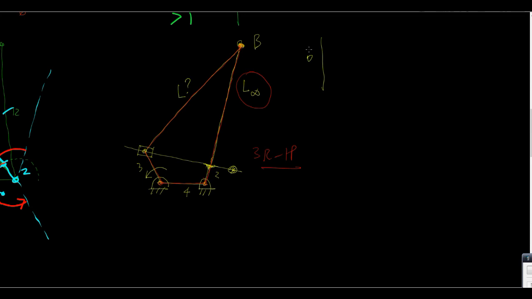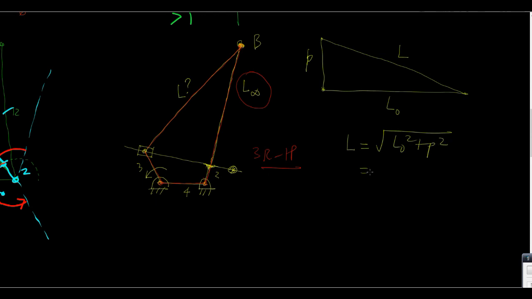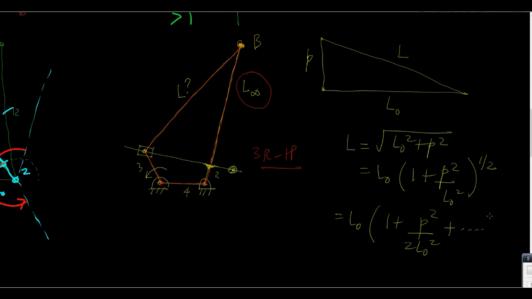If I have a fixed length P, doesn't matter, and if I have another length L0, and if I have this third length L, then L is equal to the square root of L0 square plus P square, which is L0 times (1 plus P square by L0 square) to the power half, which is L0 times (1 plus P square by 2 L0 square) plus even smaller terms.